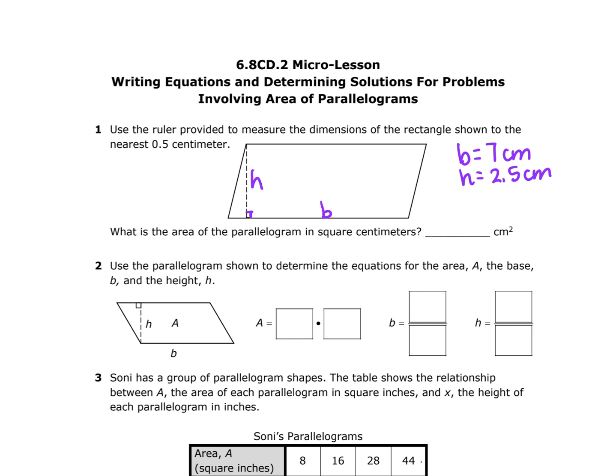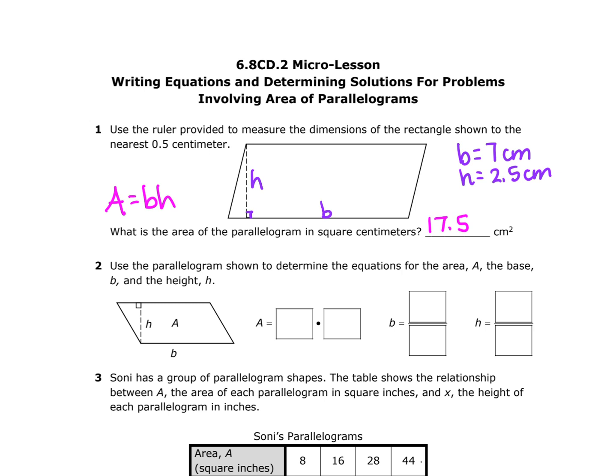When I multiply 2.5 times 7, I get 17.5 centimeters squared, because my area is equal to base times height. So your area is going to be the same as a rectangle. Depending on how it's printed, answers can be anywhere between 17.5 centimeters squared and 22.5 centimeters squared. It's just going to depend on what the ruler reads.